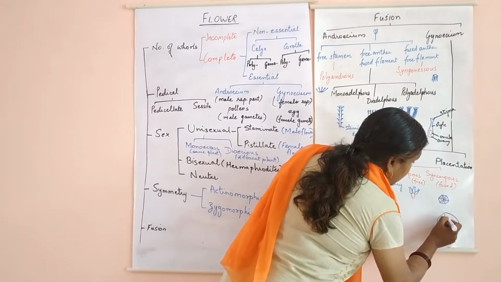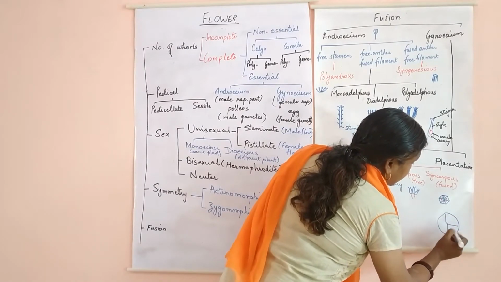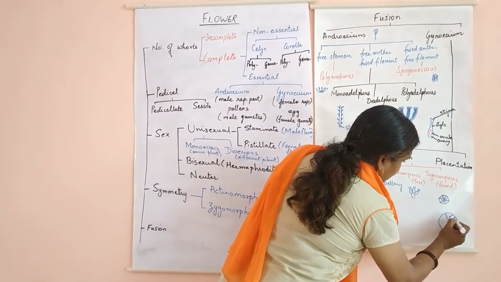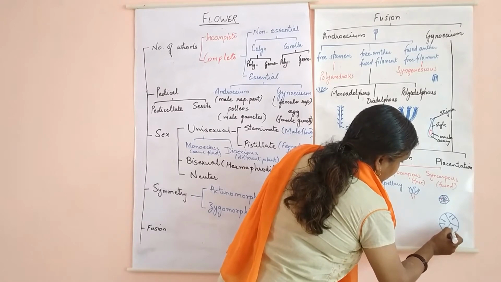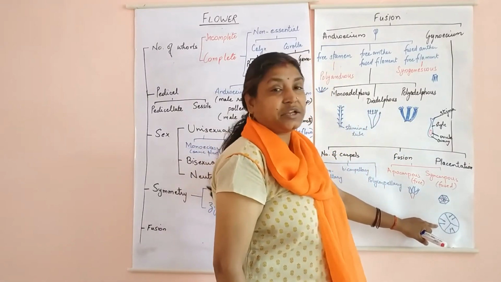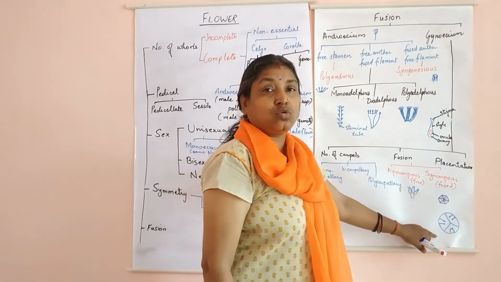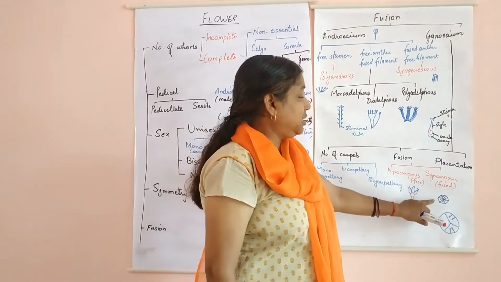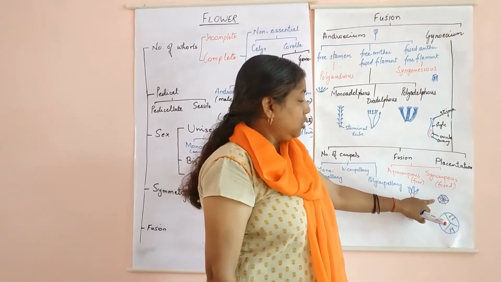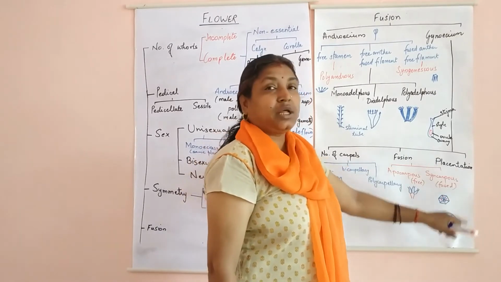This is your cucumber and 3 compartments are there, and you will see the seeds arranged in this manner. In cucumber this is the arrangement of seeds, and in lady's finger this is the arrangement of seeds, that is your ovule. And these two are different types of placentation.